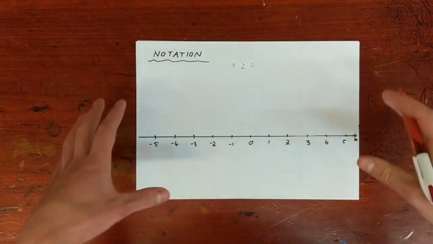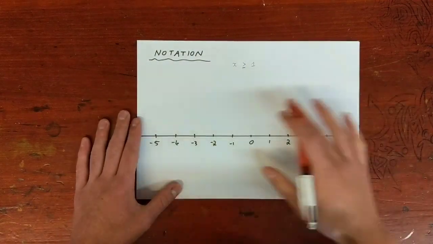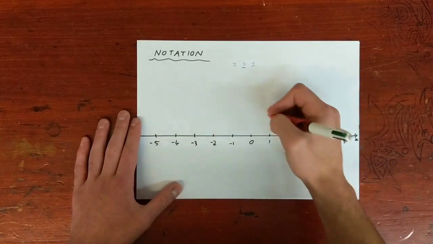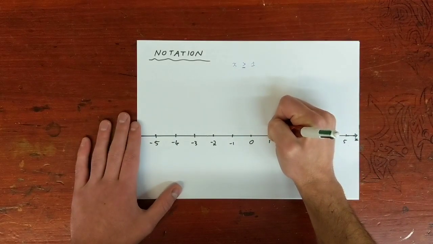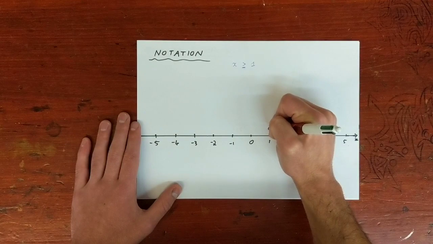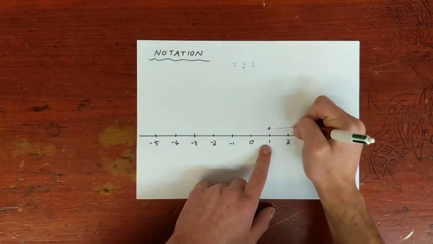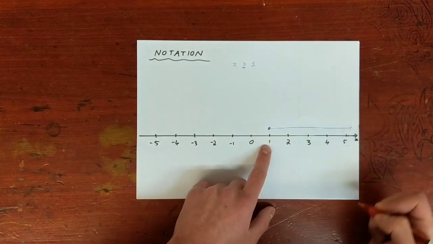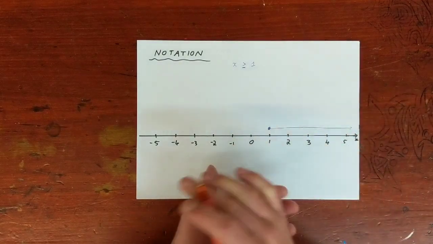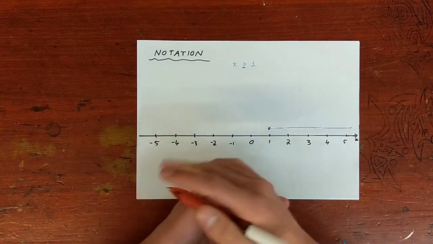What would that look like if I represented it on my number line down here? x could be 1 or anything greater than that, so I would draw a line off in that direction. This line means x is greater than or equal to 1.